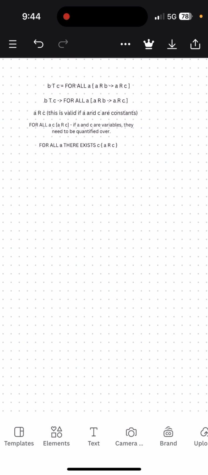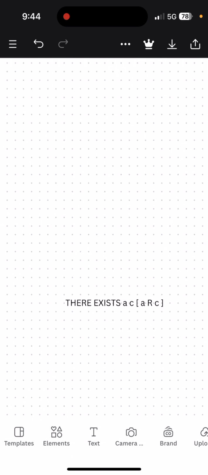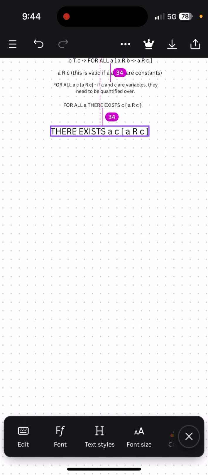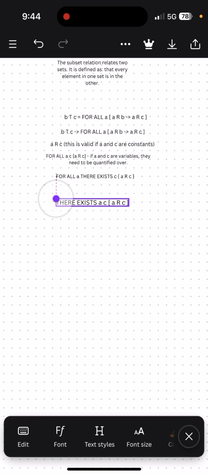Anyway, for all A, there exists a C such that A or C. And then I have this one that's kind of similar to the total one, for all. This is very minimal.